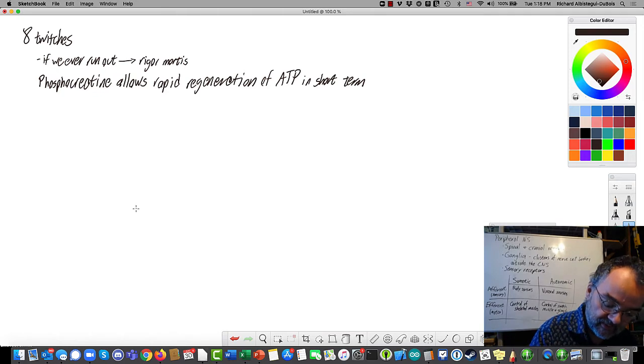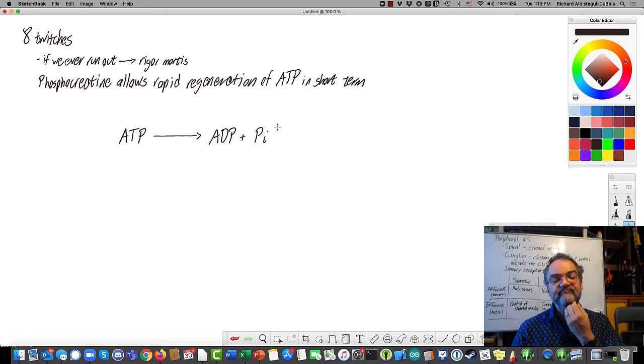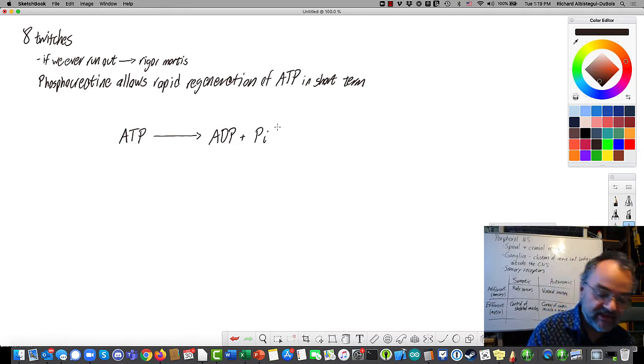So the basic equation for ATP is ATP gets split up into ADP plus phosphate. Now, there's another possibility.